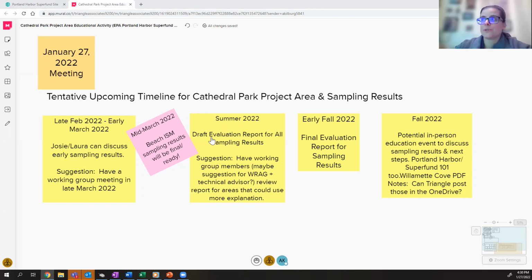So by summer 2022, we're hoping that there's going to be a draft evaluation report for all the sampling results. That includes the beach, the riverbank, the sediment.